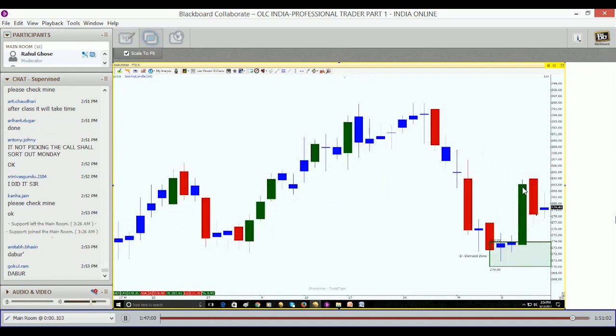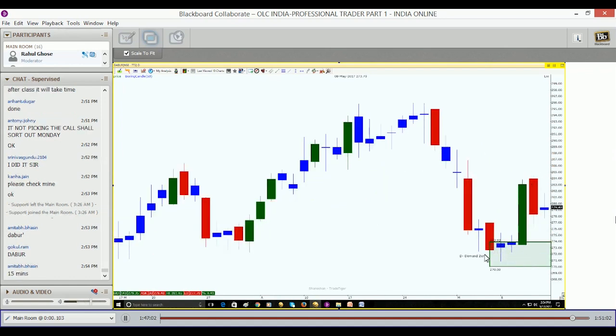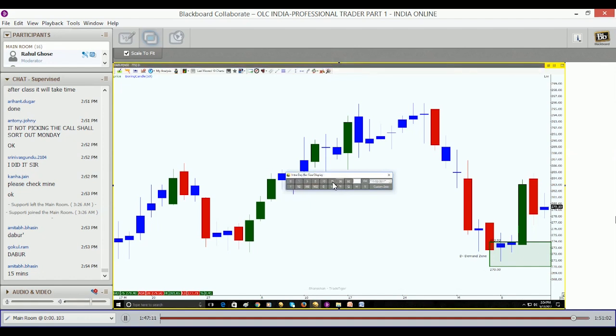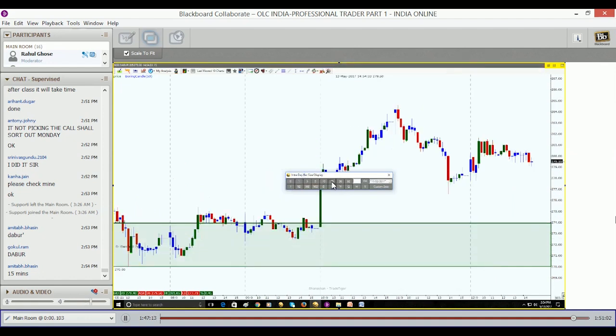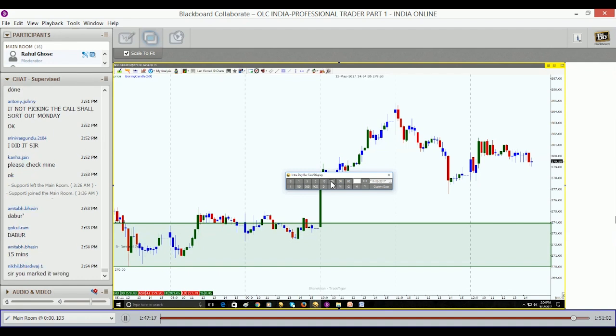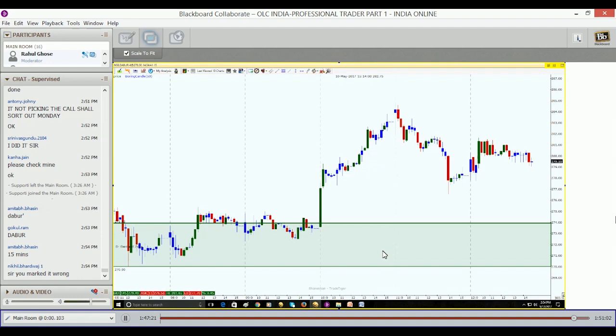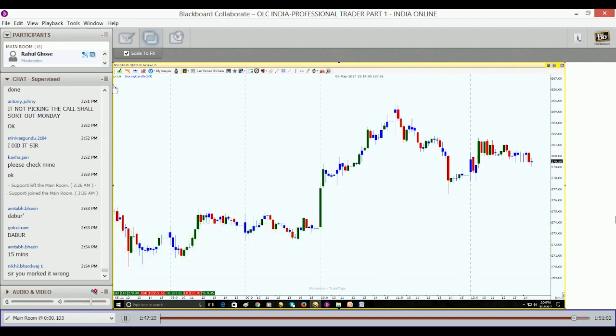Yeah, leg out, base, base, leg in. From the highest body of the highest base to the lowest wick of the lowest base. 15 minutes in Dabur, is it? Let's look at 15 minutes. Dabur 15 minute.